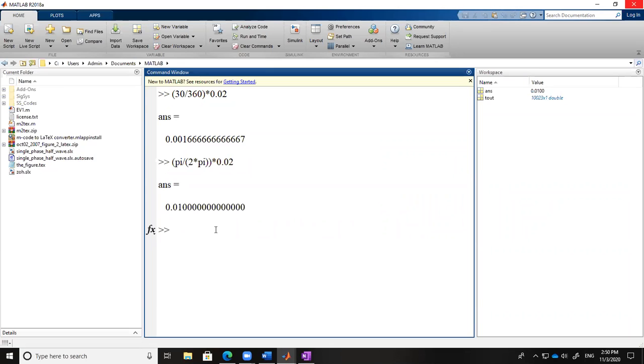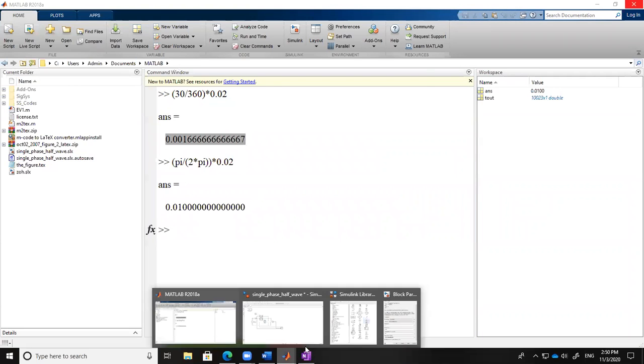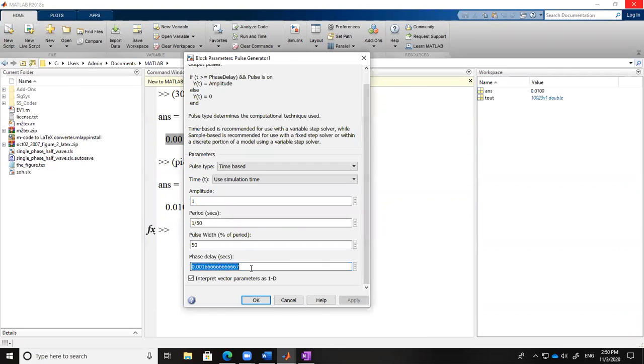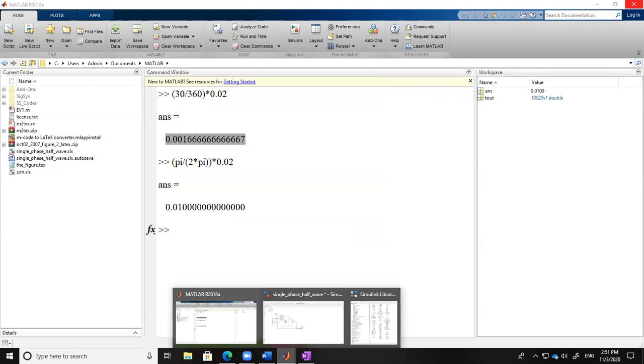So then I will get 0.01. But if I want to keep pi plus alpha, that means I need to add 0.01 and 0.001667, right? So then it will become 0.011667, like that.